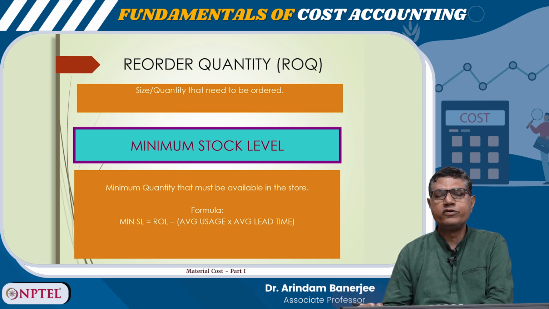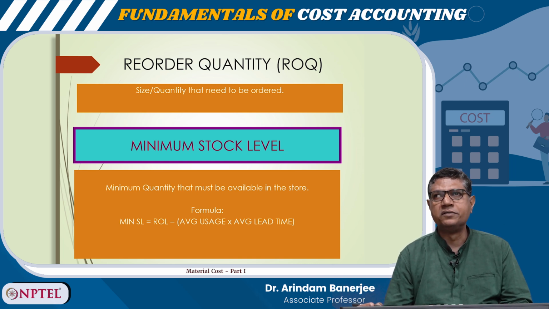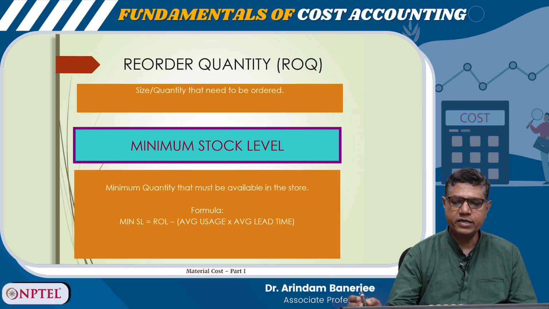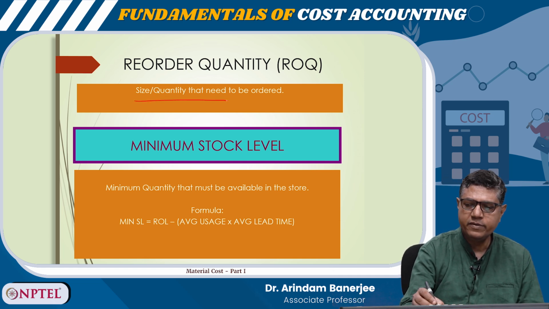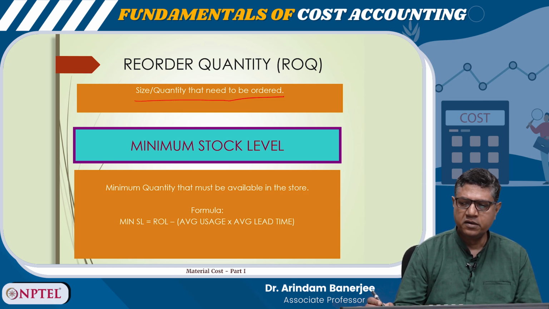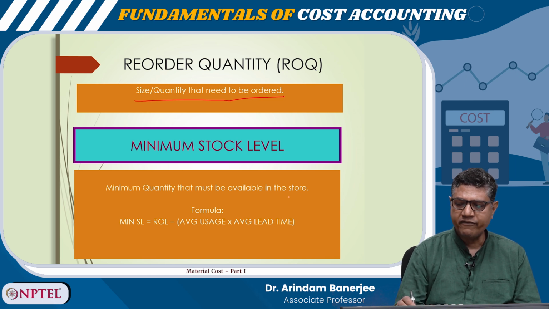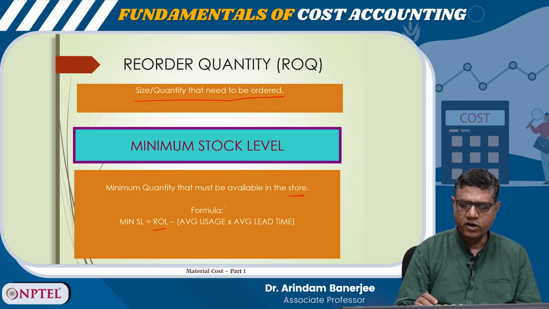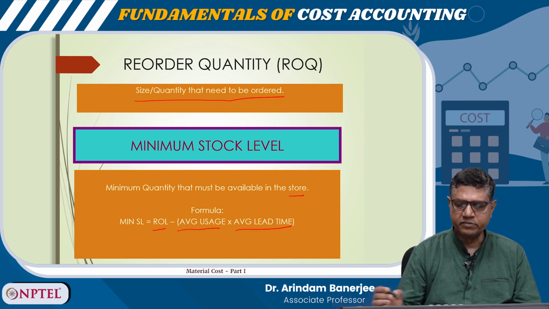Reorder quantity: how much do I need to order. So, size and quantity that needs to be ordered. So, what is the formula? Minimum stock level, minimum quantity that must be available at the store. So, the formula is minimum SL is equal to ROL minus average usage into average lead time.